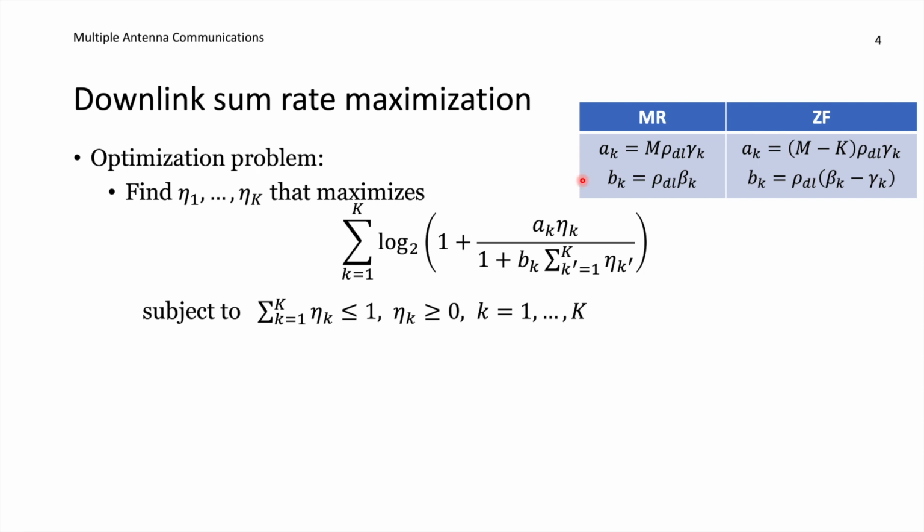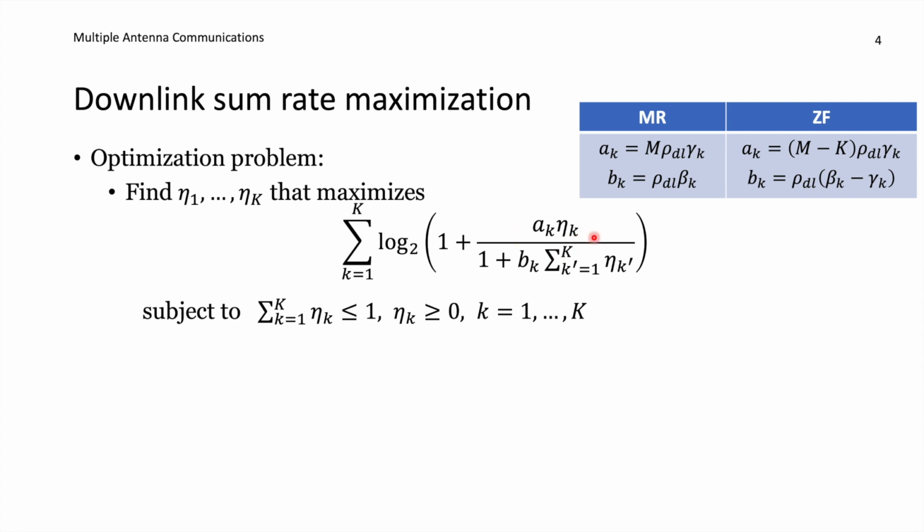In the downlink, the optimization problem that we would like to solve is to find the power control coefficients that maximize the sum over all of the users of their rate. And the rate is log 2 of 1 plus the effective SINR of every user. And one thing that we have noticed previously is that the SINR expressions have a particular form, where in the numerator there is some kind of parameter, I call it a_k here, multiplied with the power control coefficient eta_k.